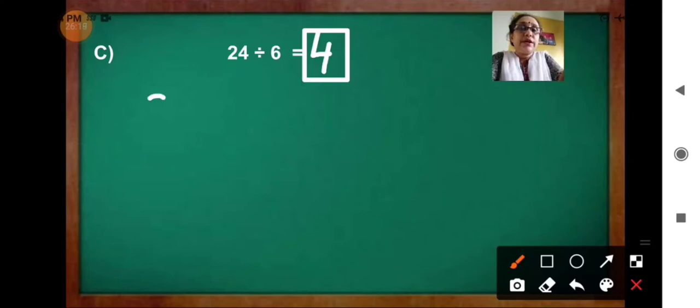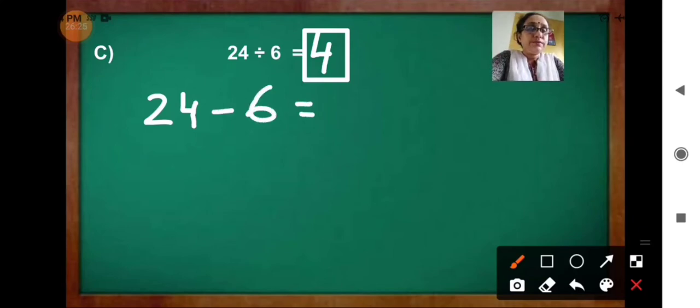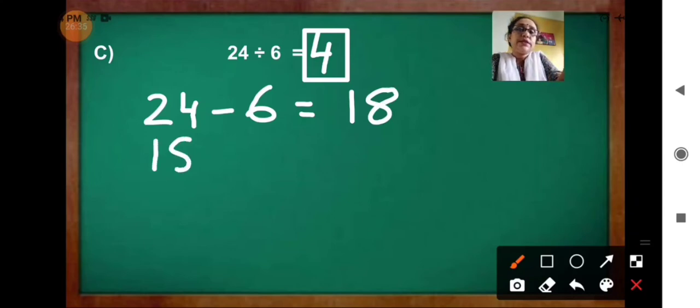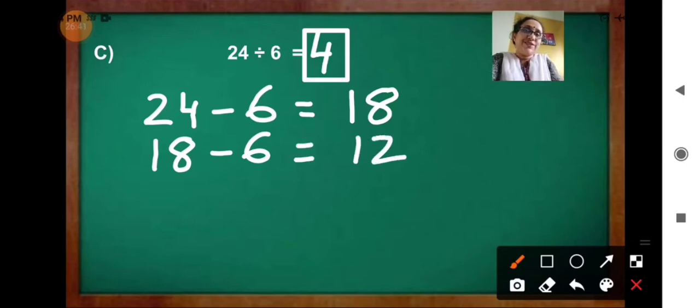Now tell me what we will write. We will write 24 minus 6. Now do the subtraction. What did you get after subtracting which number? 18. Now we will write 18 minus 6. 12.